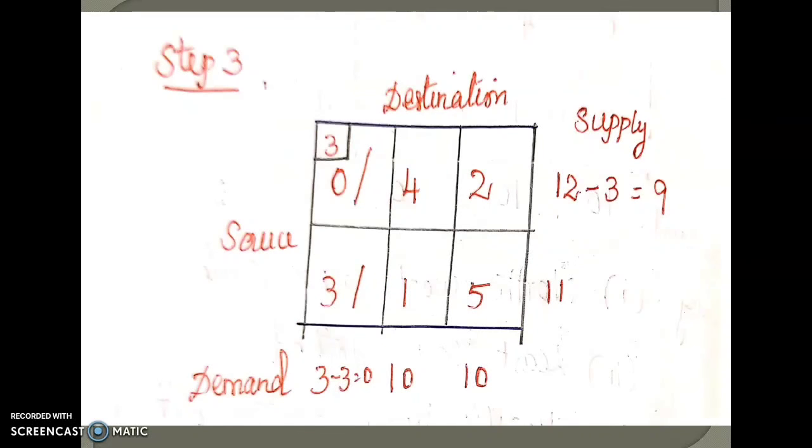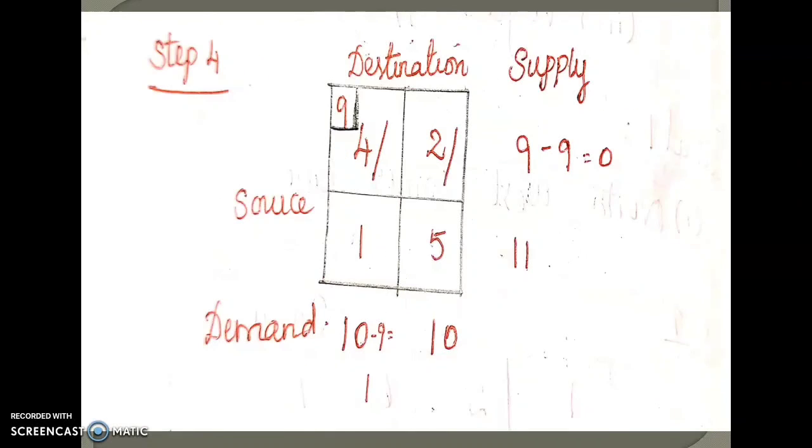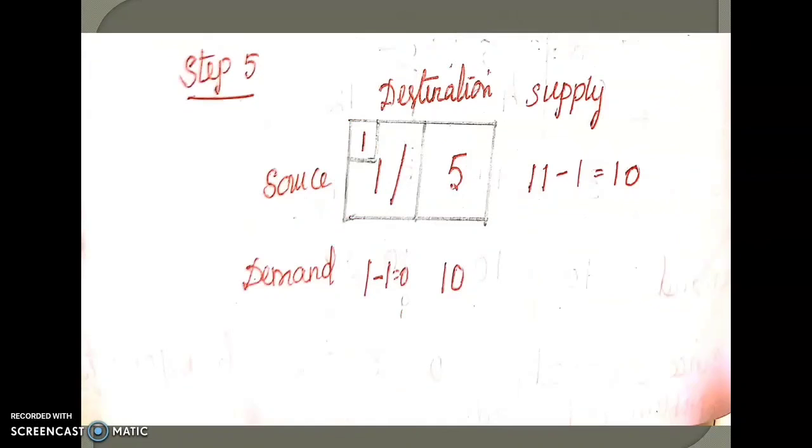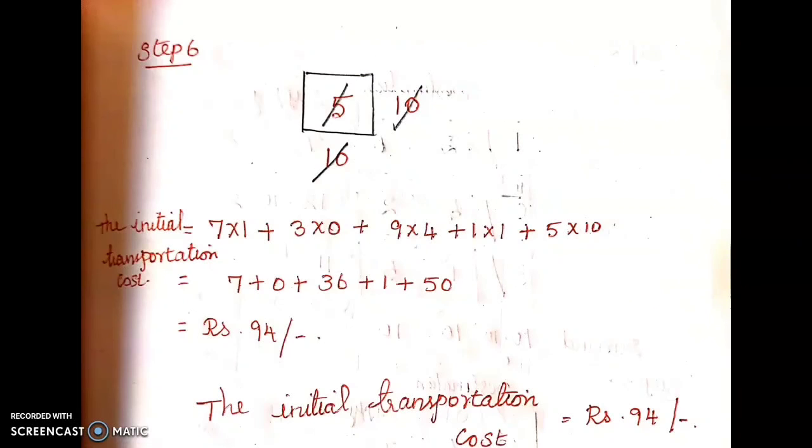Next cell value is 0 and the least demand value is 3. So 0 into 3 plus 9 into 4 plus 1 into 1 plus 5 into 10. So the total amount is rupees 94. The initial transportation cost is rupees 94 for this transportation matrix.